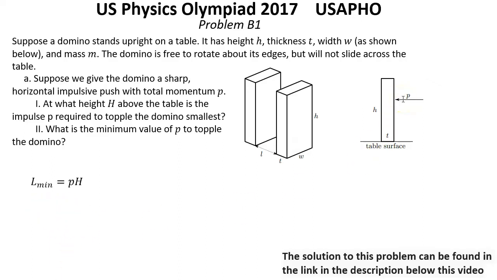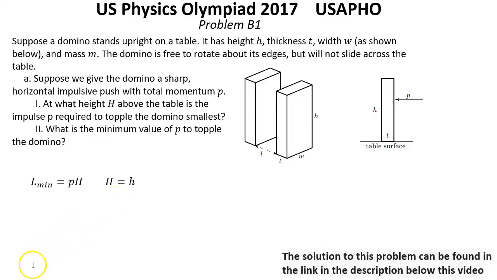Because the push is straight horizontal and the domino rotates around the down left corner, the angular momentum after this push will be P multiplied by H. If we require toppling the domino with minimum angular momentum L_min, it means that if we increase the height, we can decrease P. And the highest possible position for this point is small h. So the solution for question 1 is big H equals small h. So that's the answer for the first question.